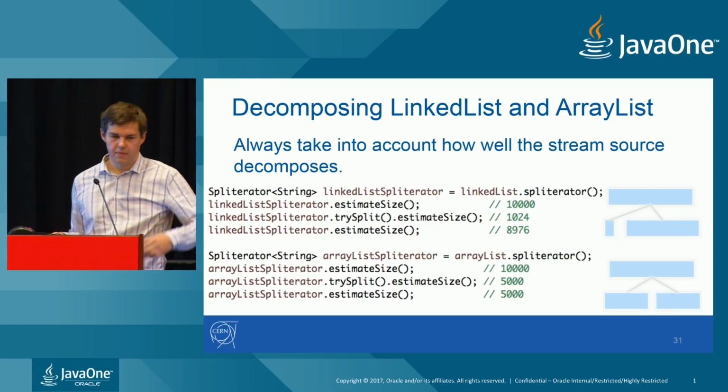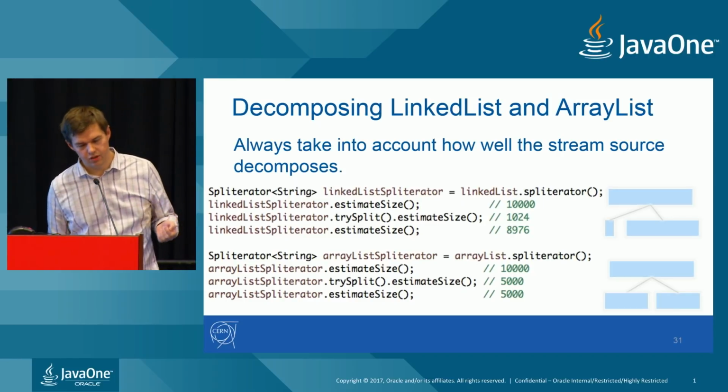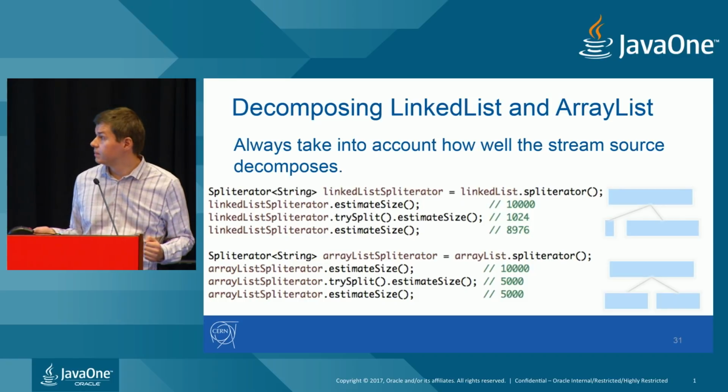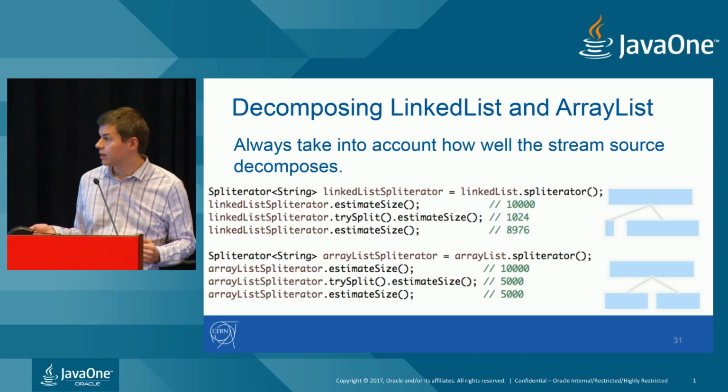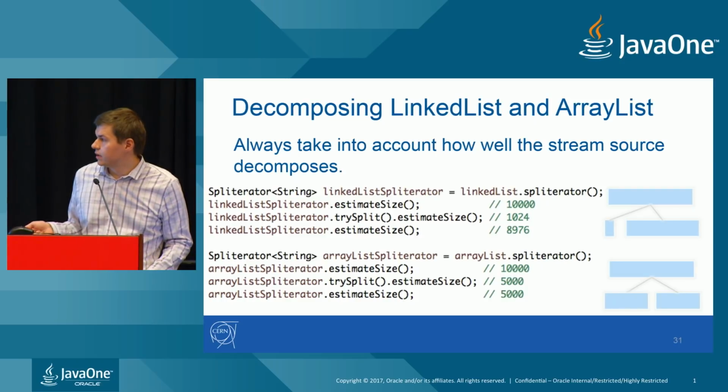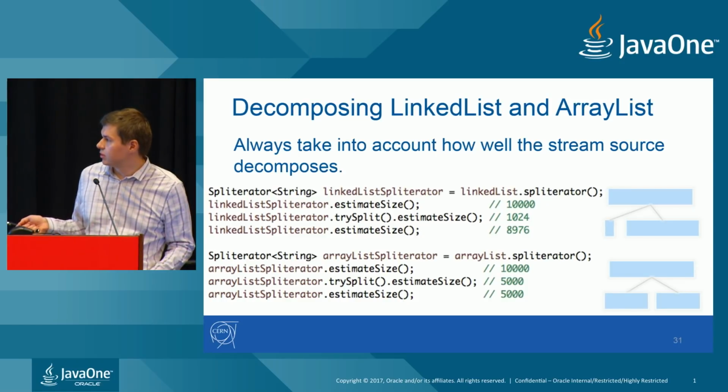If we try split, it does two things. It returns a new one, the one being returned, whose size is like 1K, as you can see on the picture, and it's changing the coverage of itself.